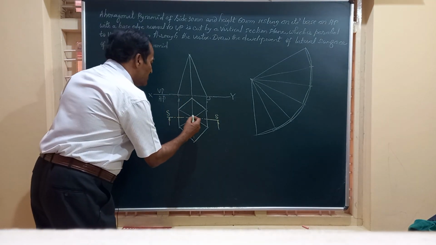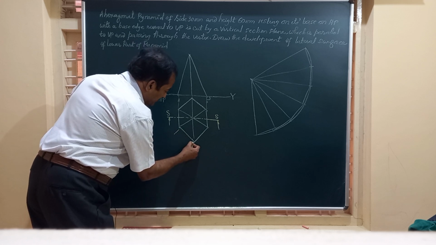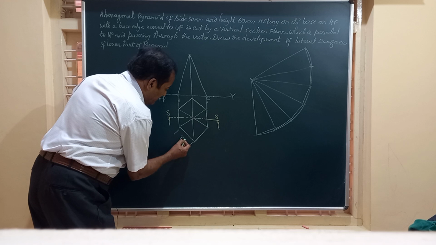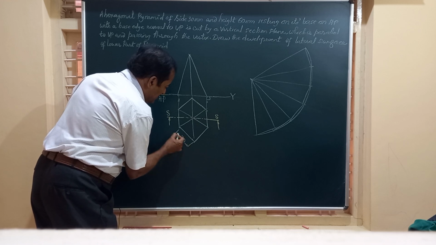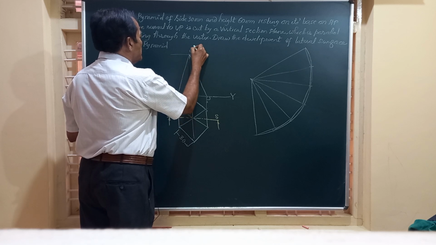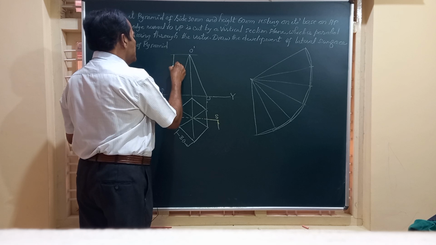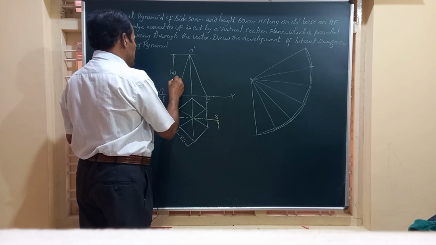So here we are given the dimensions. Each of these measures 30 mm and the height of the solid is given to be 60 millimeter. So this is O dash, the vertex, and I mark here 60 millimeter which represents the height of the solid.